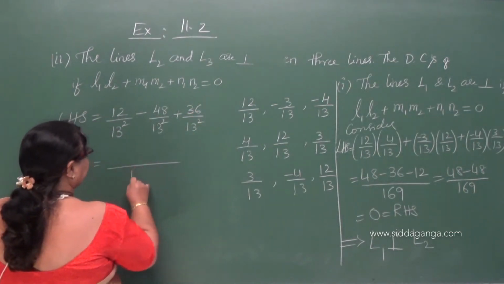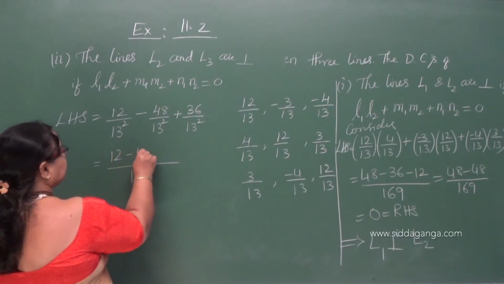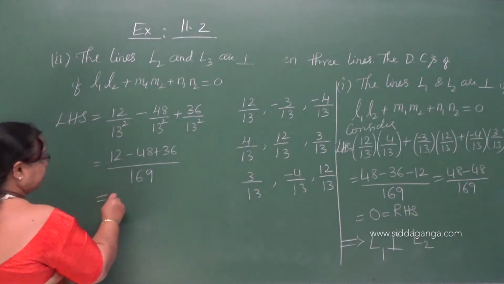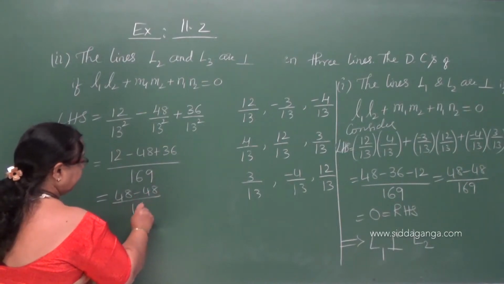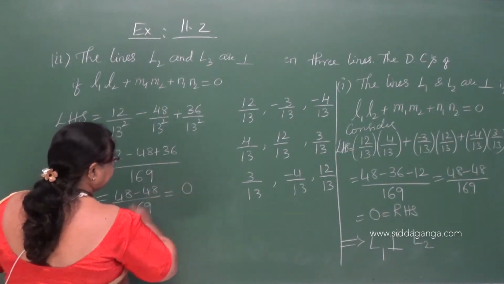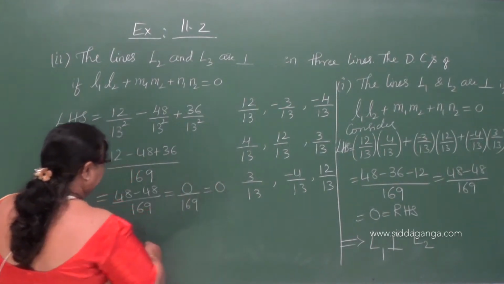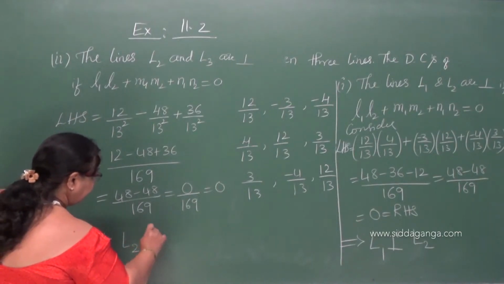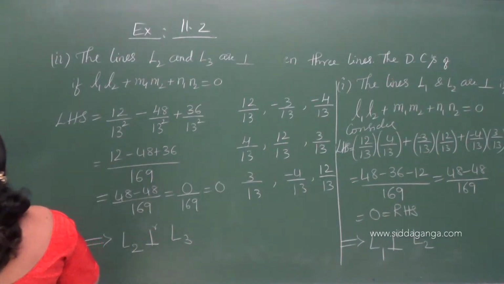Now 13 square is 169. So 12 minus 48 plus 36, that is equal to 48 minus 48 divided by 169. That is 0. So this implies that the second line is perpendicular to the third line.